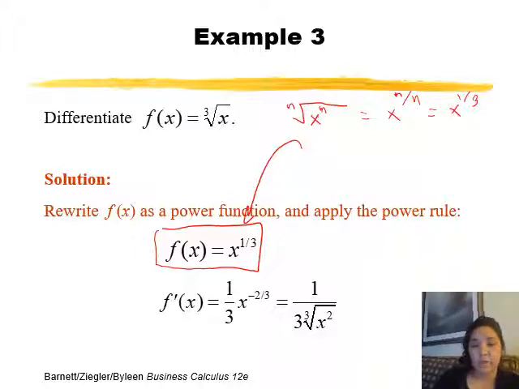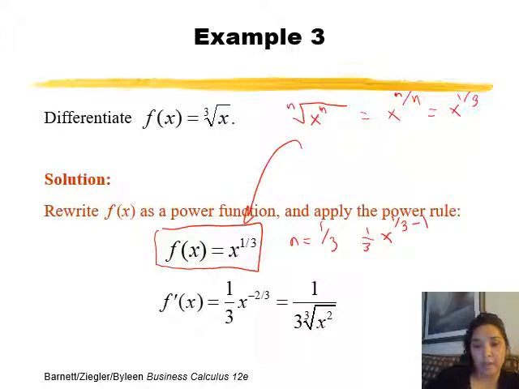So we take the derivative again, in this case n is equal to 1/3, and so we have 1/3 x to the 1/3 minus 1, and that gives us our new f prime of x here, which is 1/3 in the beginning, and 1/3 minus 1 gives us -2/3.